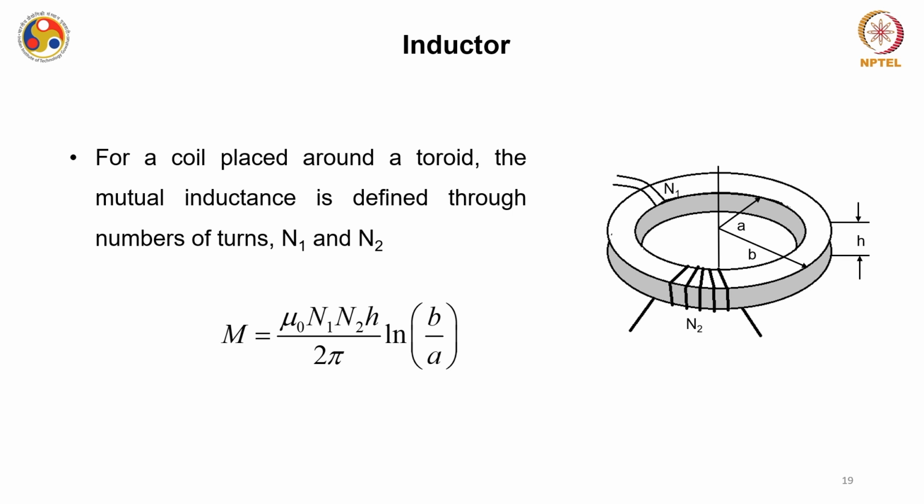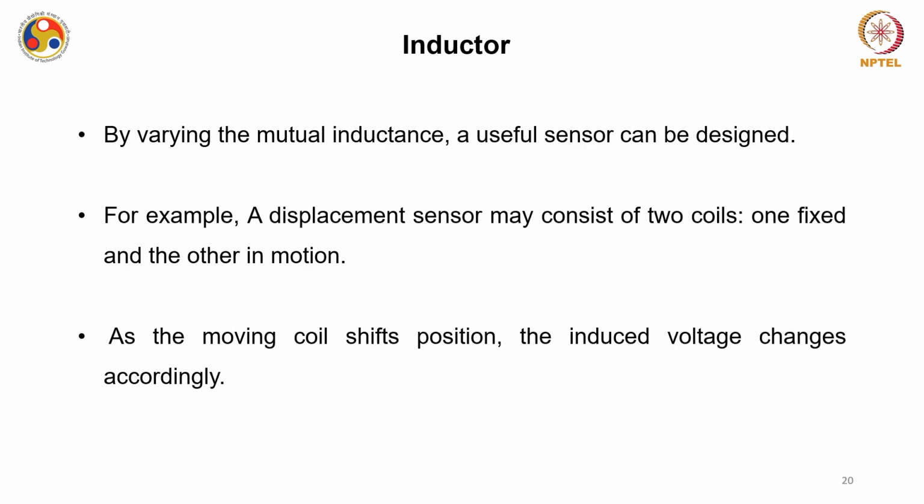So M can be written as mu naught N1 N2 into H, where H is the thickness, by 2 pi into ln B by A, where B is the outer radius and A is the inner radius. So by varying the mutual inductance, a useful sensor can be designed.